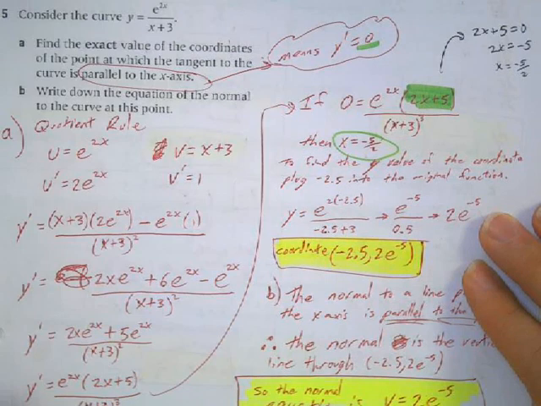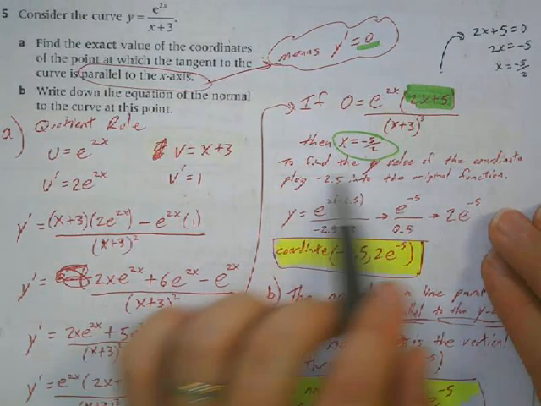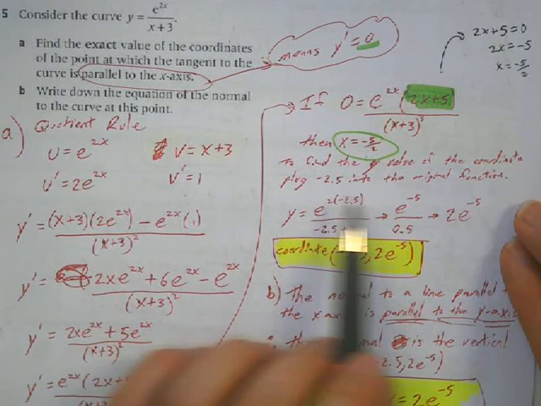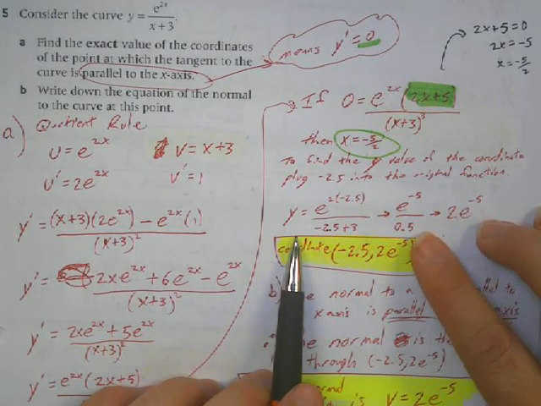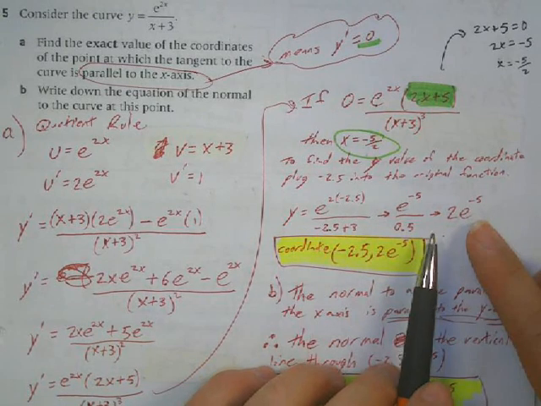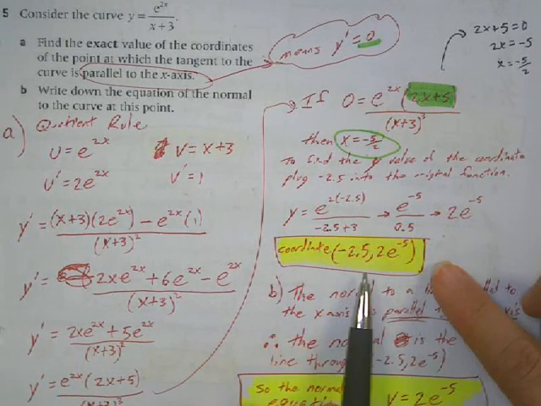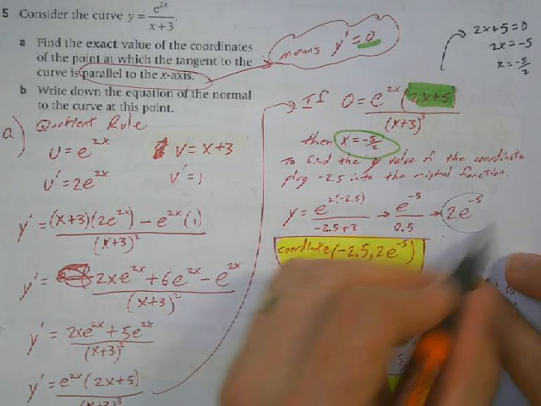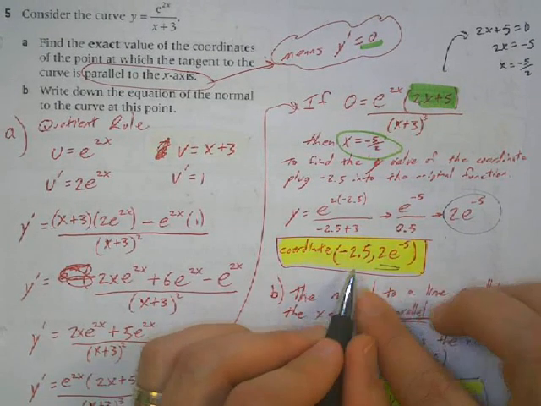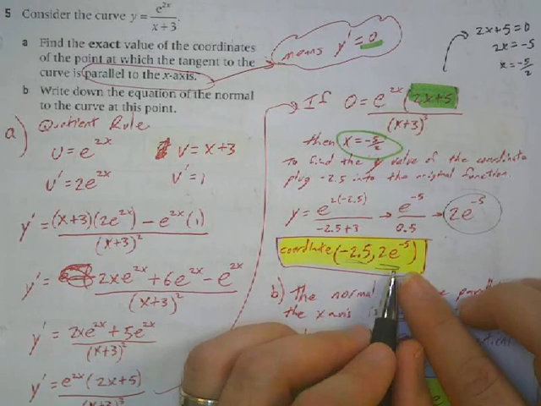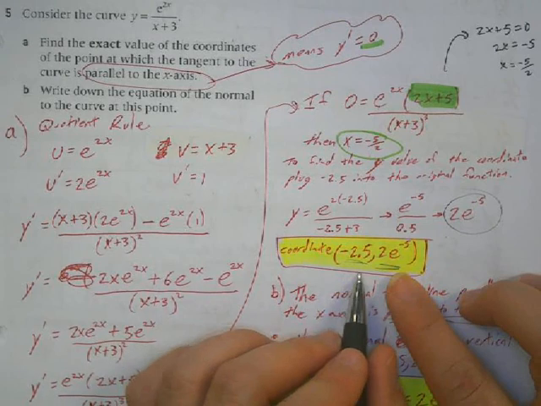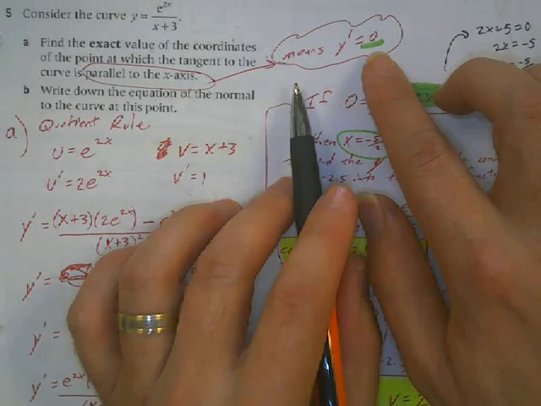Okay, so now to find the y value of the coordinate, I'm going to plug in negative 2.5 into my original function. So I've got my original function, and I'm plugging in negative 2.5, and then we get this value here. And this is the y value for the coordinate when x is negative 2.5. For this coordinate, the slope is parallel to the x-axis.